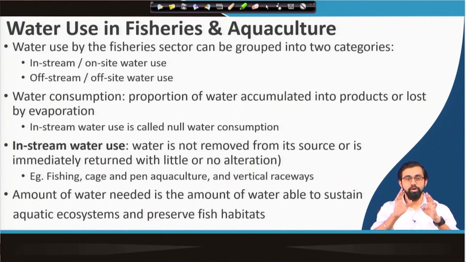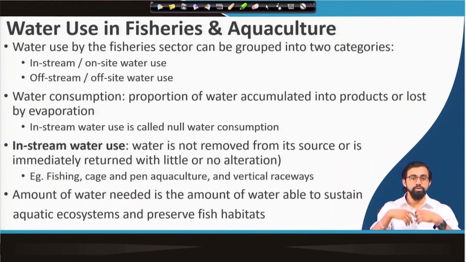Suppose, for example, cage culture or pen culture. Cage culture is mainly a type of offshore aquaculture system. What does that mean? You go to the seaside, a couple of meters or kilometers away from the bank, and develop a cage-like structure.